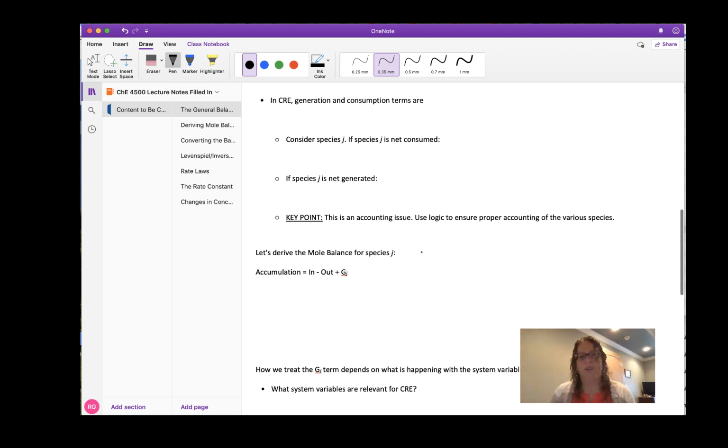In chemical reaction engineering, for the sake of simplicity, we tend to group the generation and consumption terms. So they get grouped into one term, which is called net generation. So in CRE, the generation and consumption terms are lumped into one net generation term.